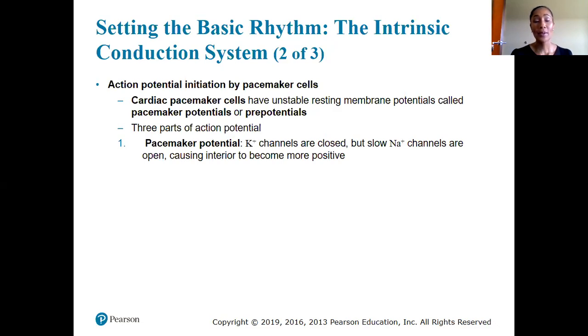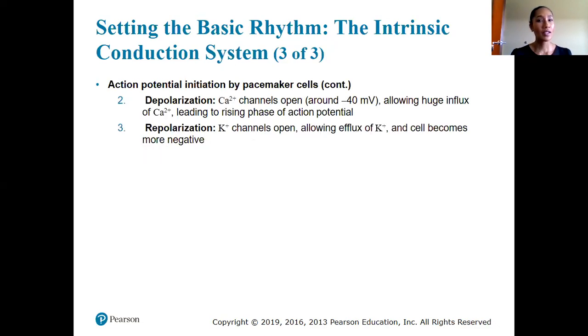So the pacemaker potential, which is the first step, is going to occur when potassium channels are closed, but we have slow sodium channels that are open, causing the interior to become more positive. And this is all very similar to the generation of an action potential that we talked about in AMP1 when we were talking about the nervous system.